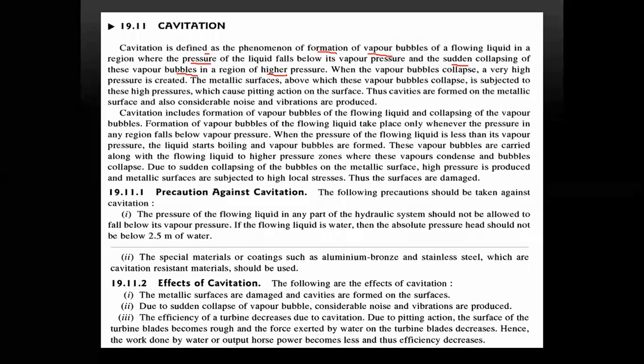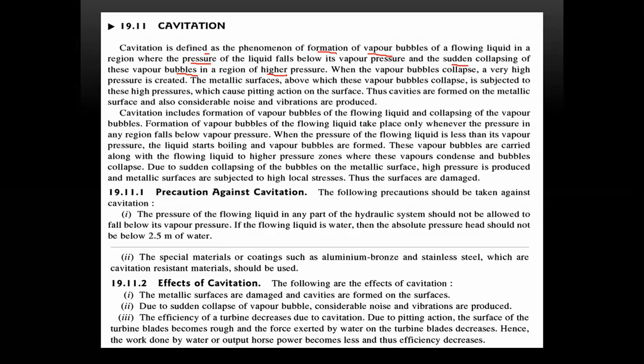Wherever vapor bubbles form on the vane exit blade, whenever they suddenly collapse, the pressure bursts at that point and cavitation takes place. When the vapor bubbles collapse, what happens? A high pressure is created.